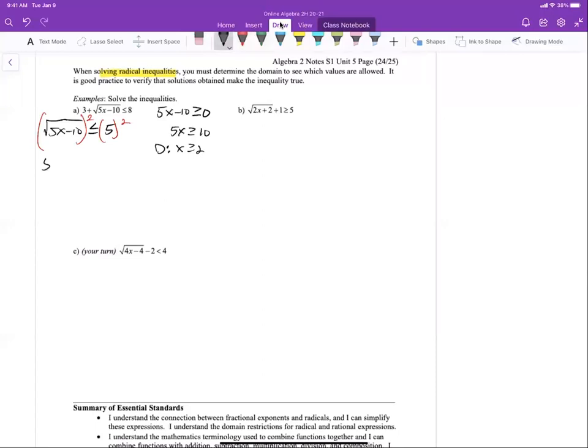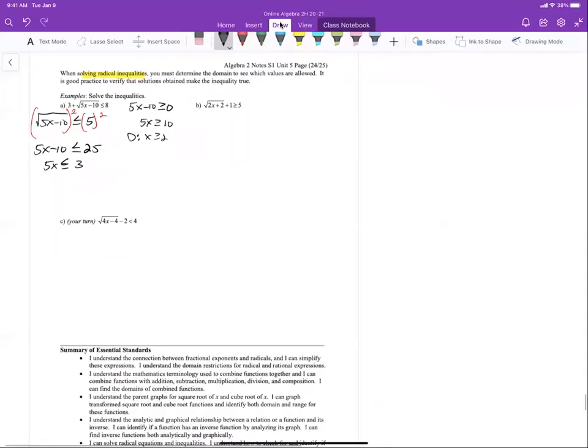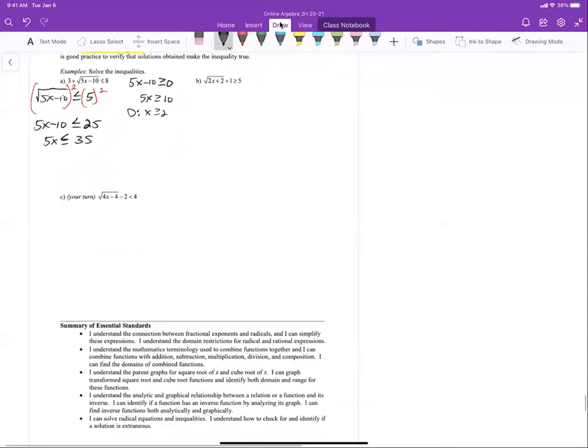And I get 5x minus 10 is less than or equal to 25. I need to add 10 to both sides, and I get 35. And then I divide by 5 on both sides, and I find x is less than or equal to 7.